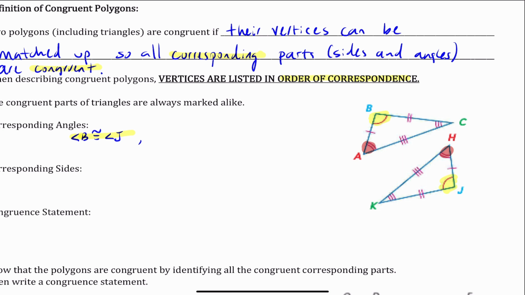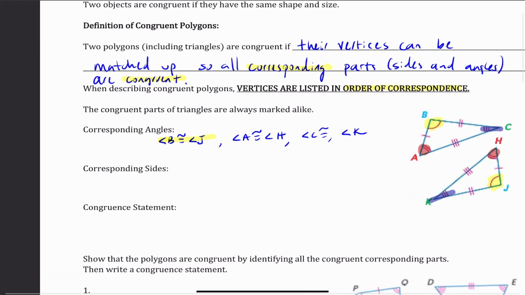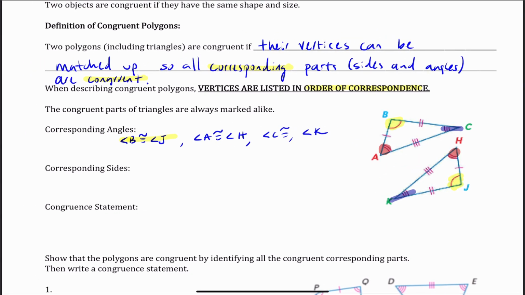So that means that angle A is congruent to angle H. Then there are three arcs here and three arcs there, so that means that angle C is congruent to angle K. So those are what we call corresponding angles.